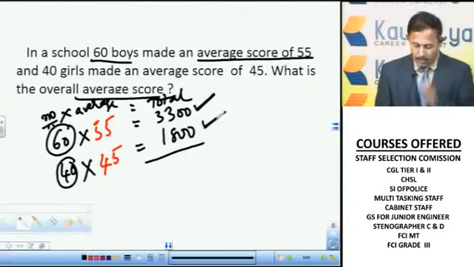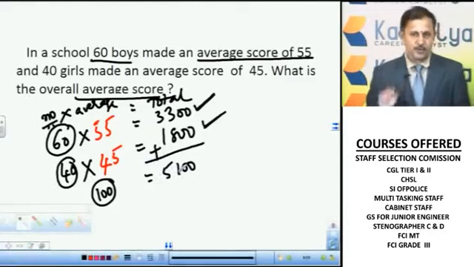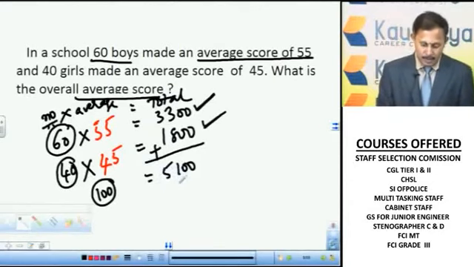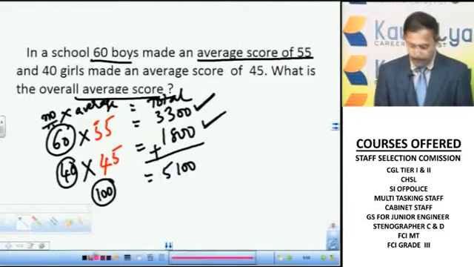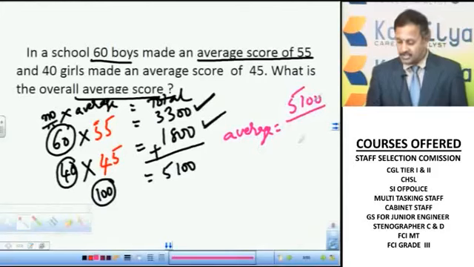So what is the total mark obtained by all the 100 students together? 3300 plus 1800, so 5100, that is the total mark obtained by all the 100 students. So what is the formula for average? Total mark obtained by all the students by number of students, 100.